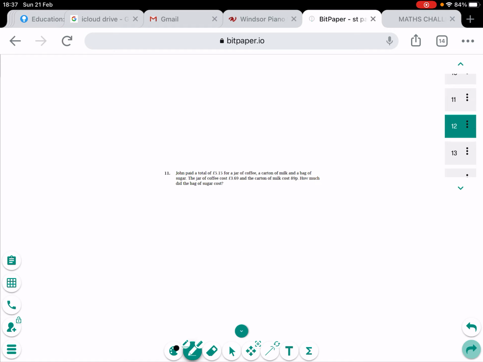John paid a total of £5.15 for a jar of coffee, a carton of milk and a bag of sugar. The jar of coffee cost 3.69 and a carton of milk 89p. So we can just do 3.69 plus 89 pence.